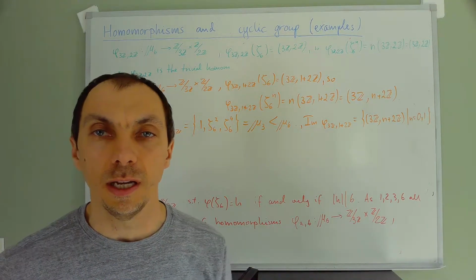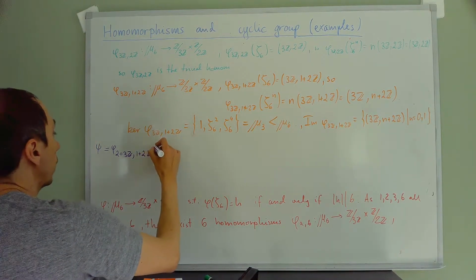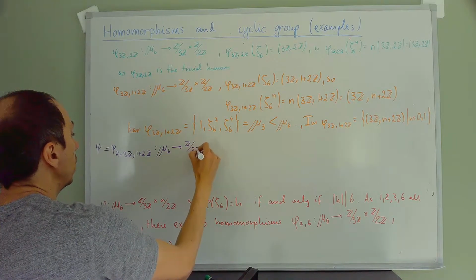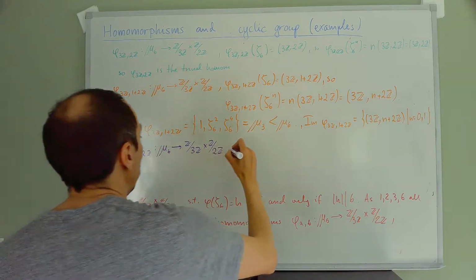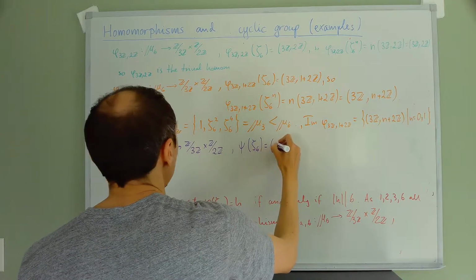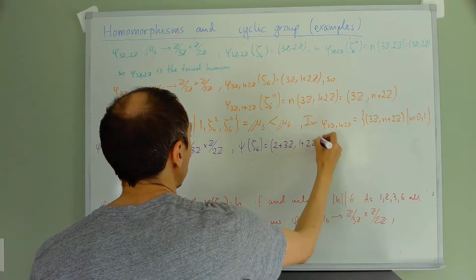So when I say psi, I mean phi 2 plus 3z, 1 plus 2z. That's a map from mu6 to z mod 3z cross z mod 2z. And what does the map do? So psi of zeta 6 is 2 plus 3z, 1 plus 2z.